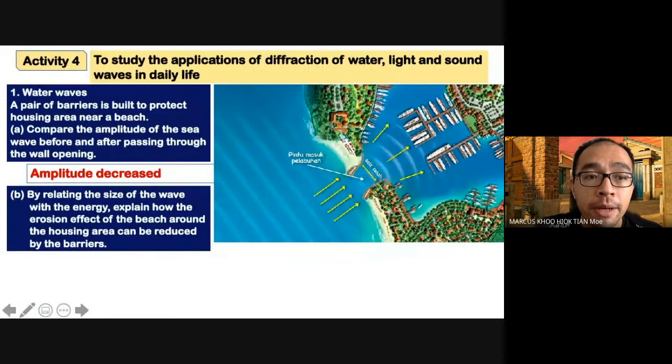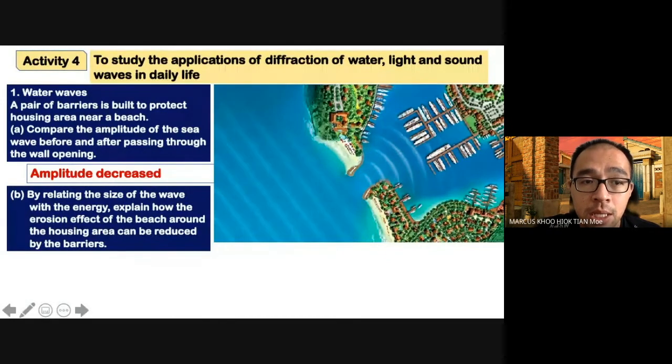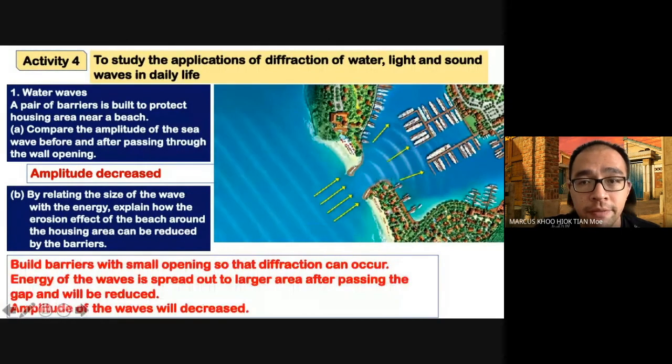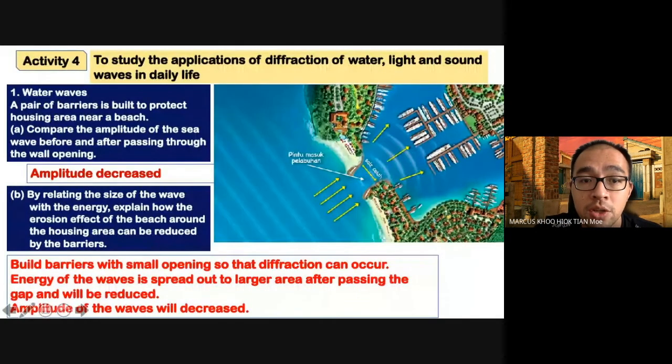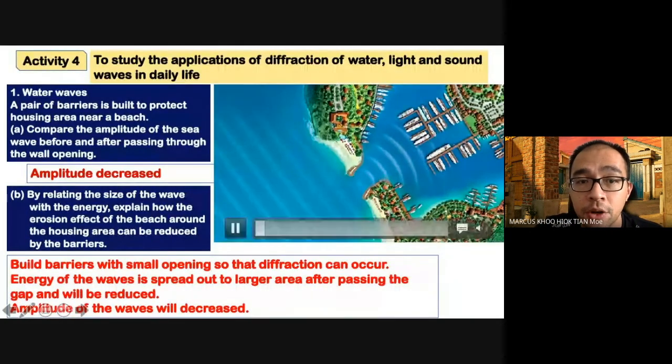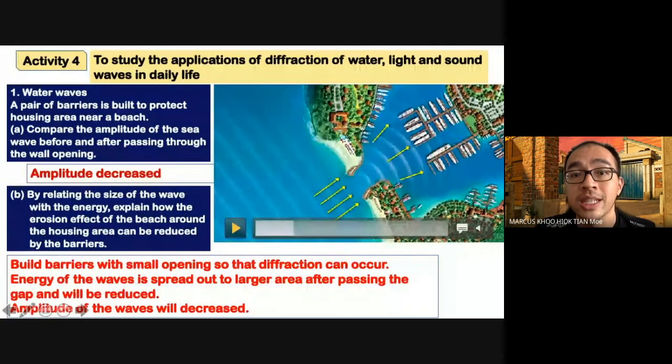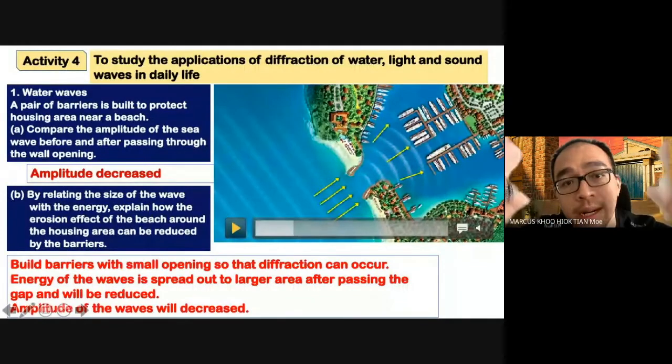So by relating the size of the wave with the energy, explain the erosion effect. So let's talk about the erosion effect. We build barriers with small openings so that diffraction can occur. When diffraction occurs, the energy of the wave is spread out into a larger area. So you don't have all the waves coming to you at the same time.